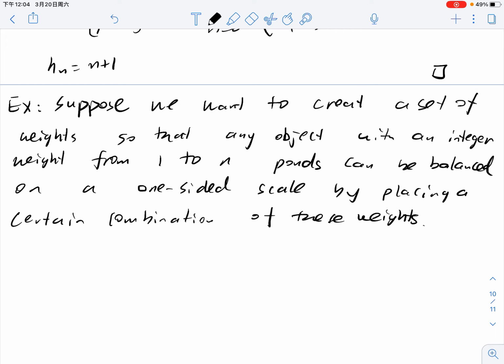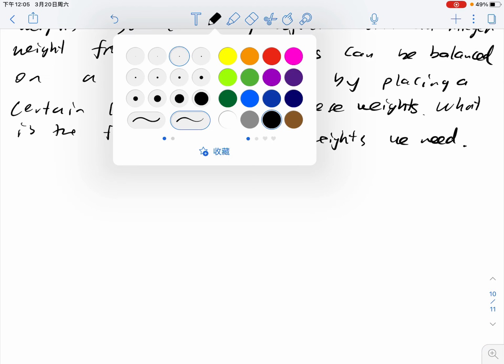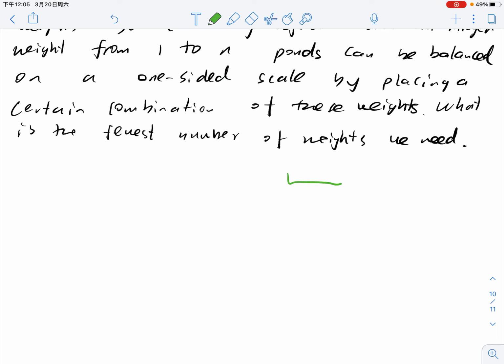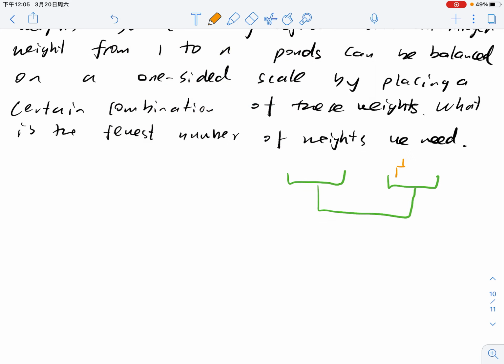So on that scale, what is the fewest number of weights we need? So for the problem, we can draw a picture, just like you have a scale, and you can only put your weights on one side, so that's the so-called one-sided scale.